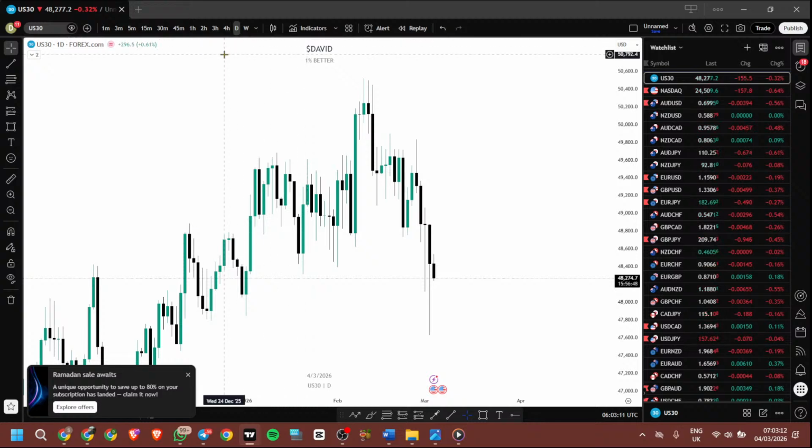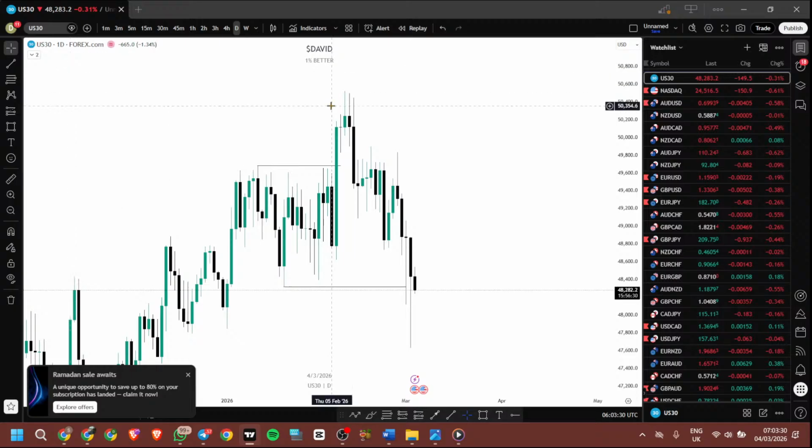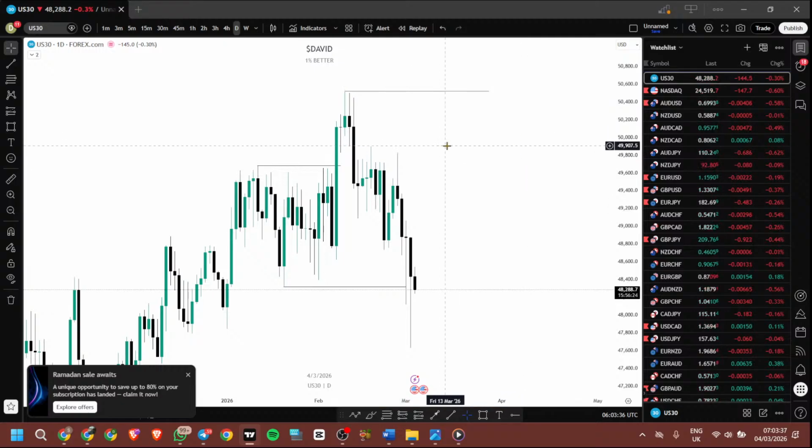Let's go and mark our break of structure, previous low, right? And the protected high. And what could we use as our inducements?